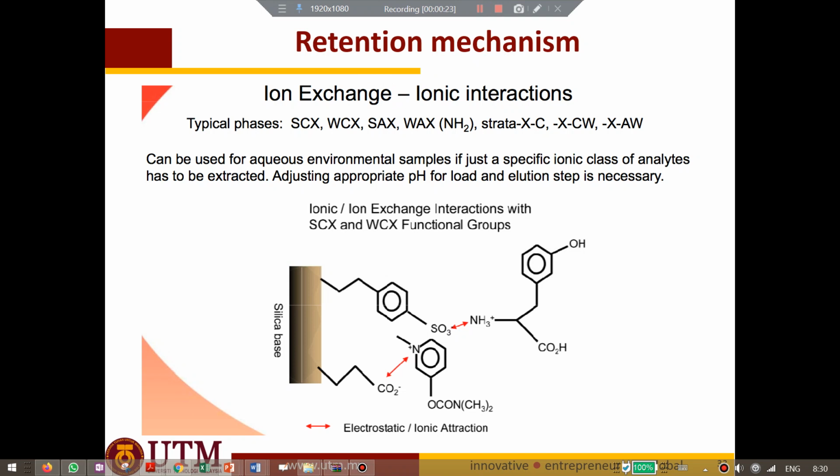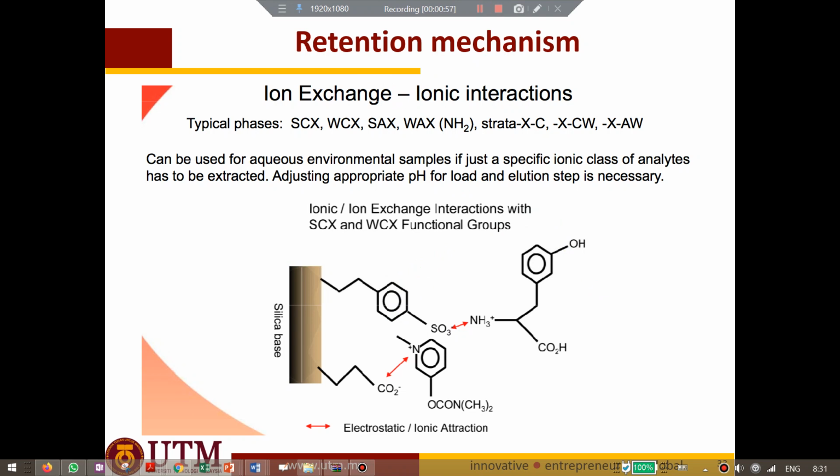Compounds that have ionic charge, or if you want to analyze ionic elements such as sodium ion or chloride ion, also can. You might need to adjust the appropriate pH, because some compounds need to be at a certain pH before they can have a certain charge. If the pH is not correct, your compound will not be able to interact with your adsorbent.